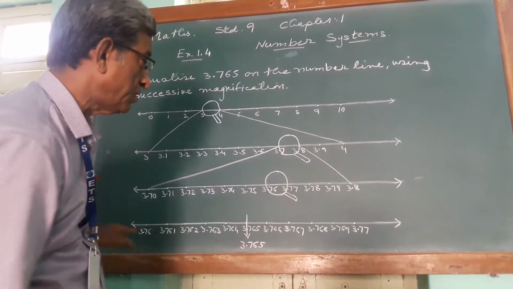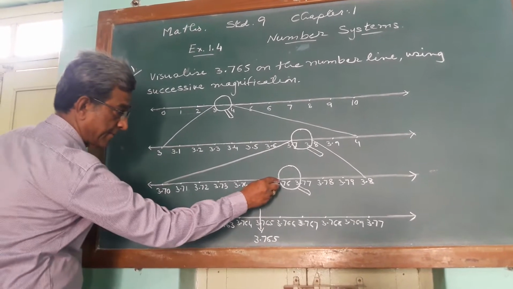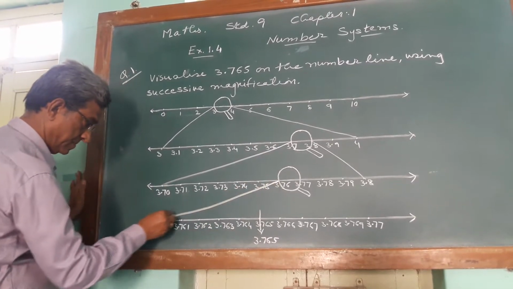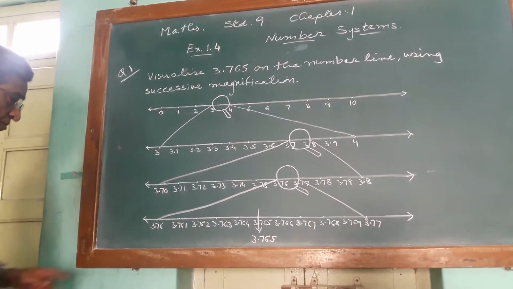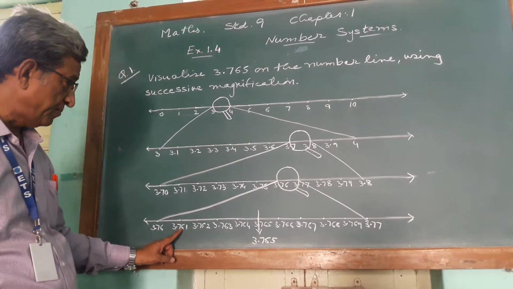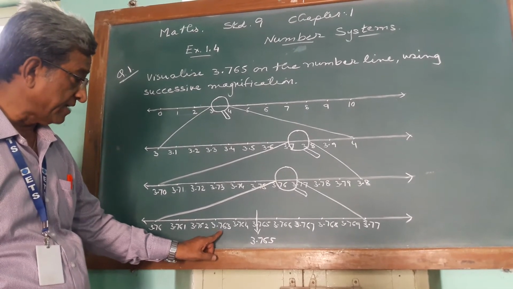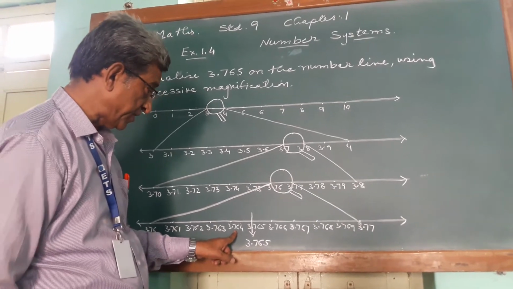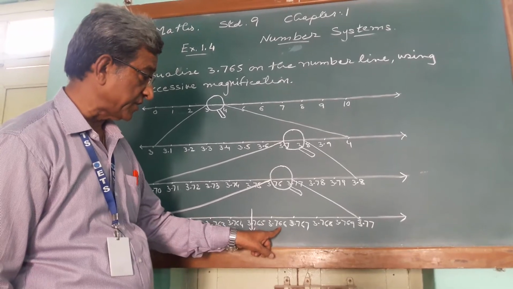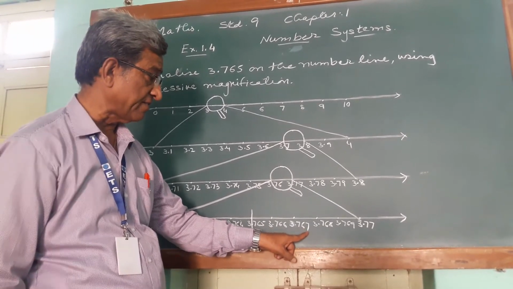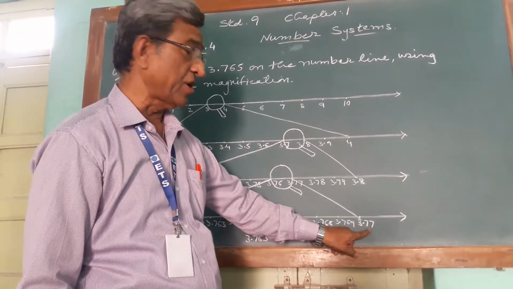Magnifying it, you will get 3.76, 3.761, 3.762, 3.763, 3.764, 3.765, 3.766, 3.767, 3.768, 3.769, 3.77.